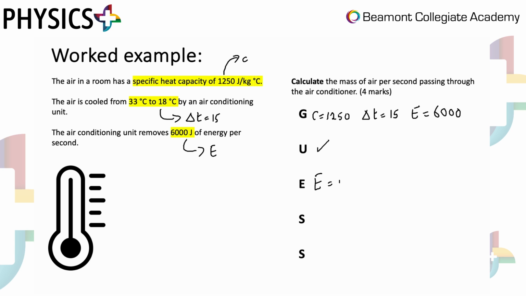E equals M times C times delta T. Substitute in 6,000 equals M, my unknown, times 1250 times 15.